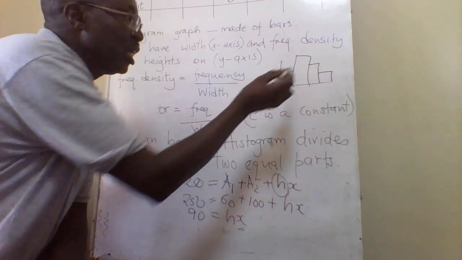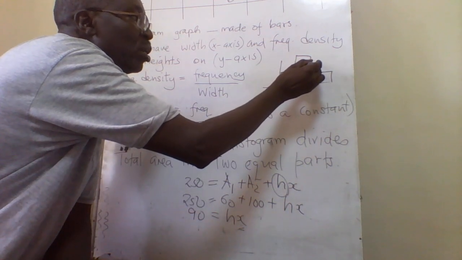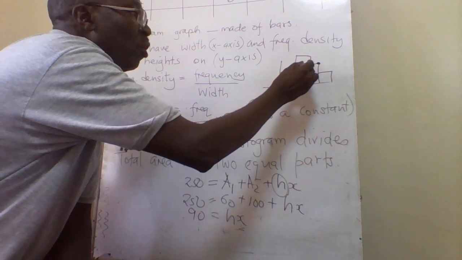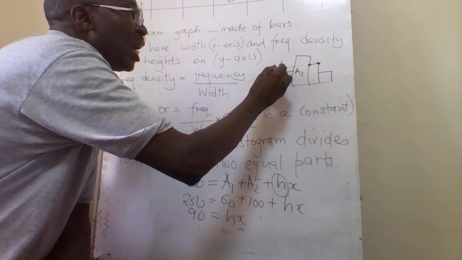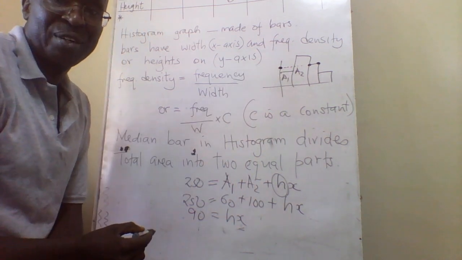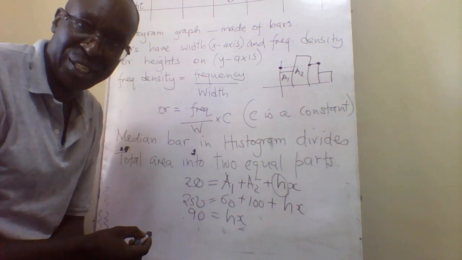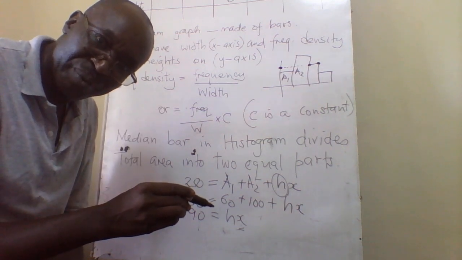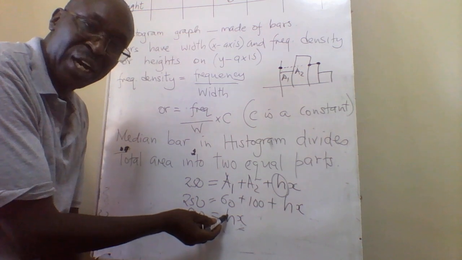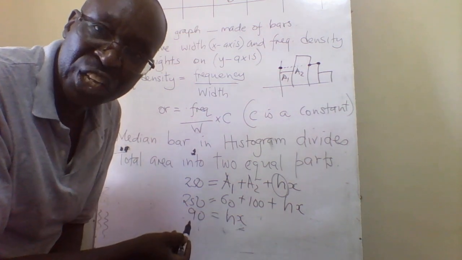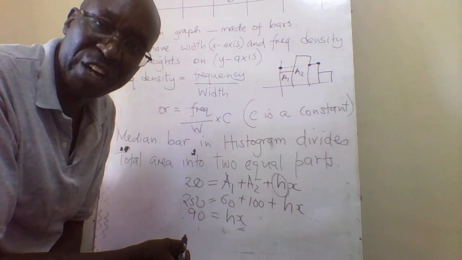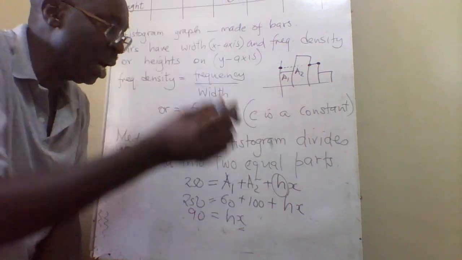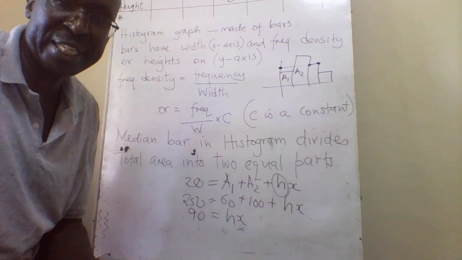Maybe this is area 1, this is area 2. Therefore, this height here can be read for block 3. So block 3 height is known. You put it here and you get the value of x. After getting the value of x, you read your graph well and draw the bar with broken lines.